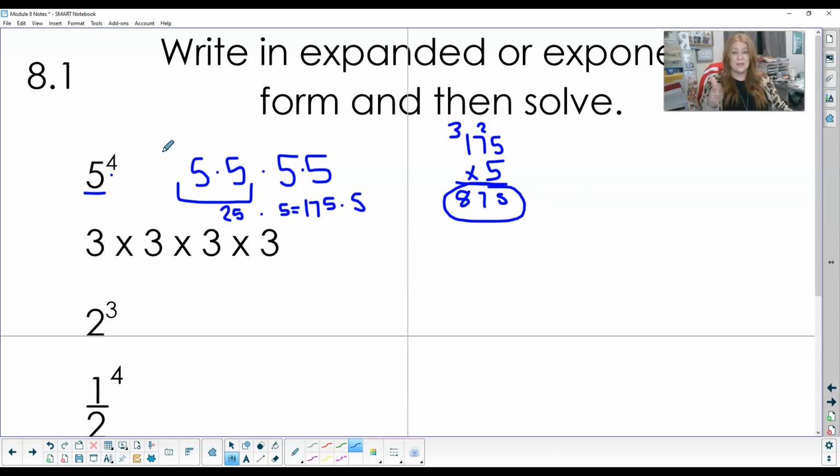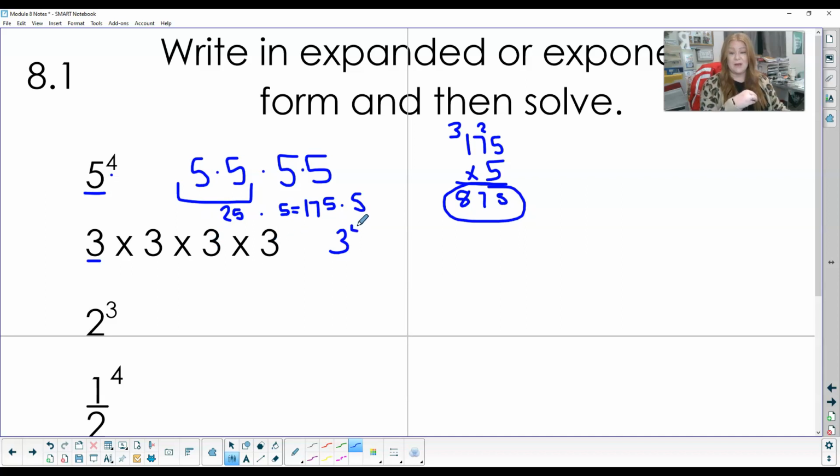So you can see it got 5 times bigger, then that got 5 times bigger, then that got 5 times bigger. These numbers are going to get big really quickly. Next we have 3 times 3 times 3 times 3. If I write that in exponent form, my base, the number I'm using over and over again, is 3. How many times did I use the 3?